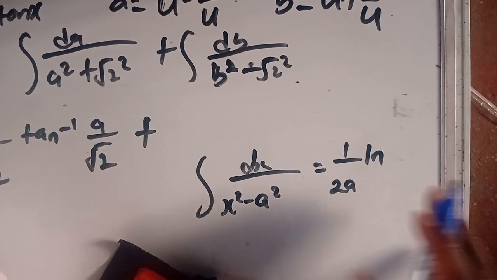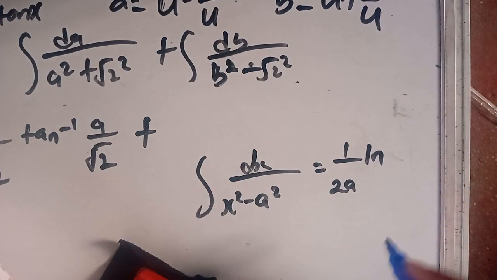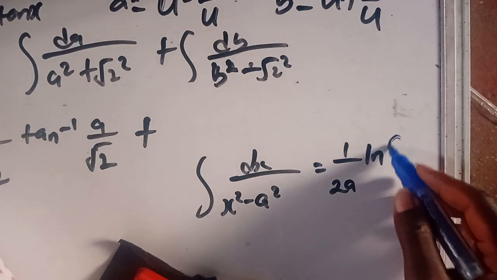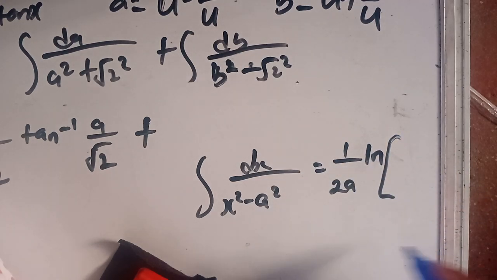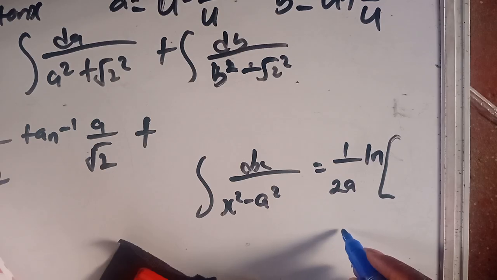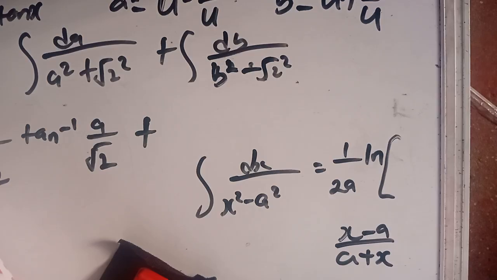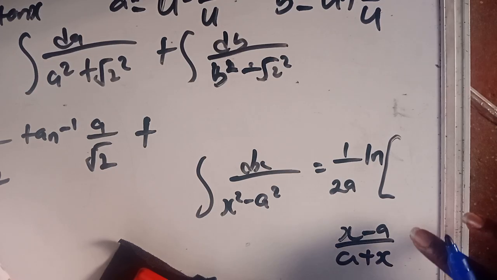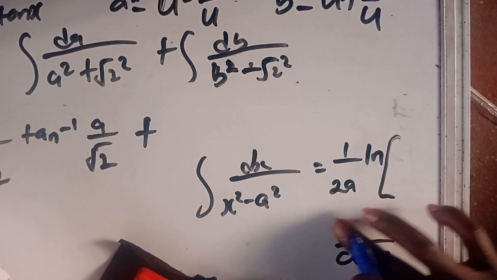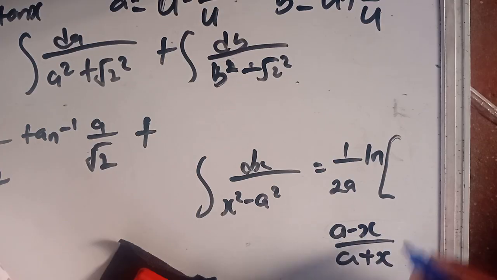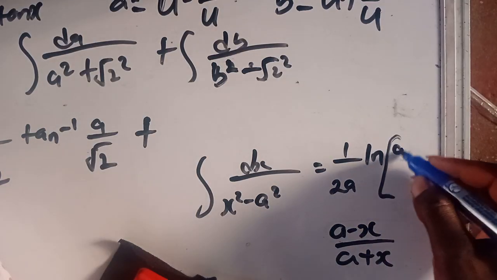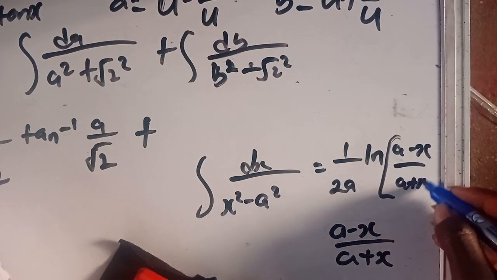We can prove it, but this standard integral you need to know: ln of x minus a over a plus x, if I'm not mistaken. Let me confirm that. I think it's a minus x over a plus x.